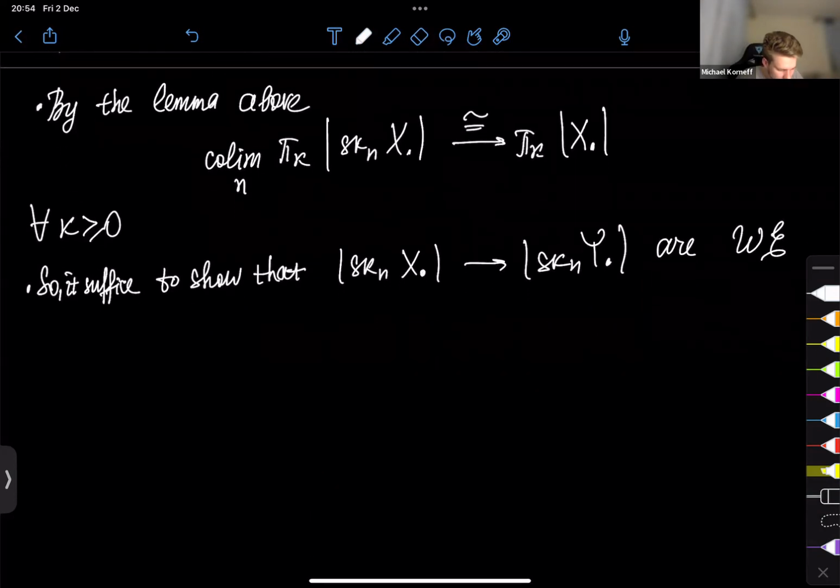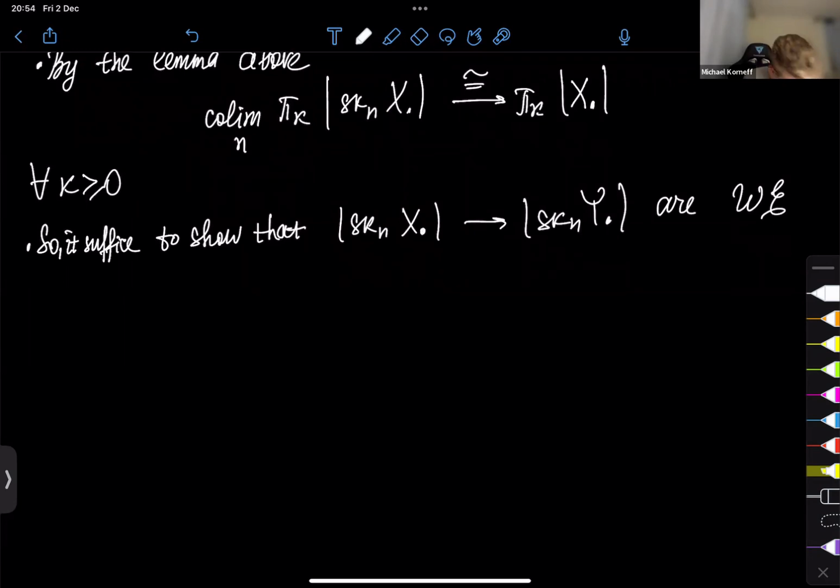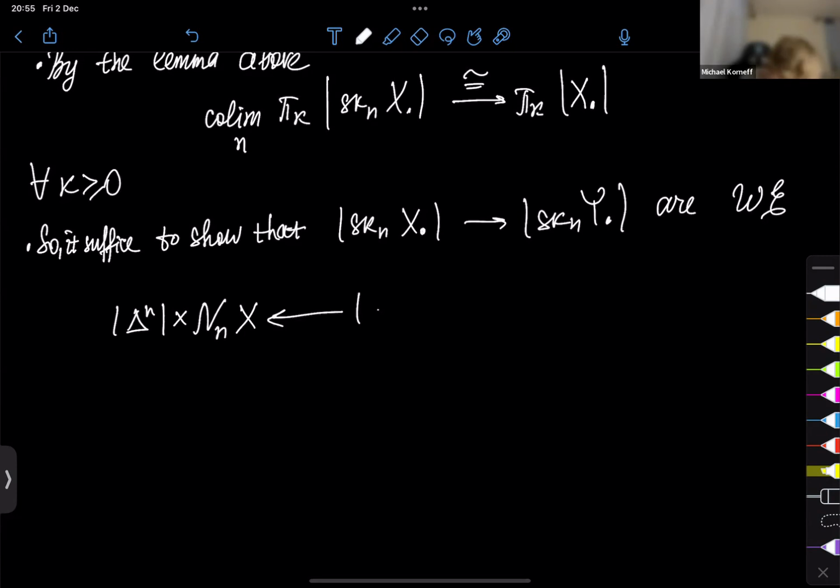And it can be done from the following well-known fact in the Top setting.